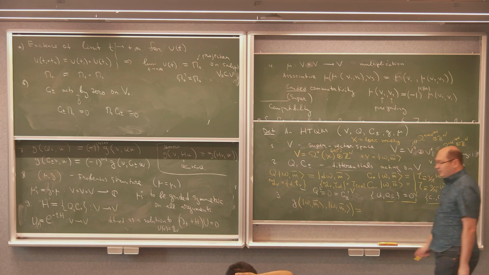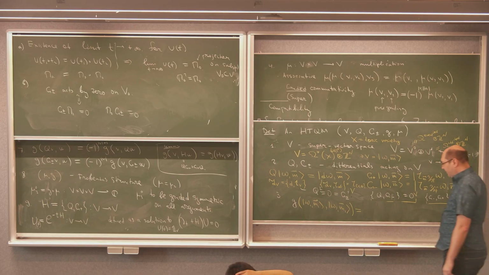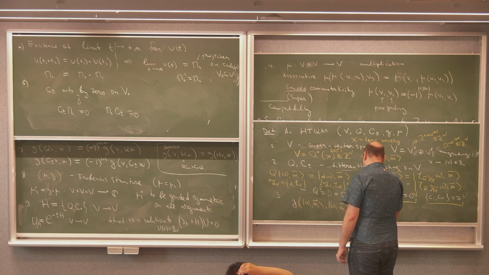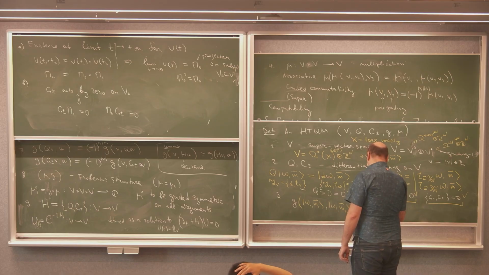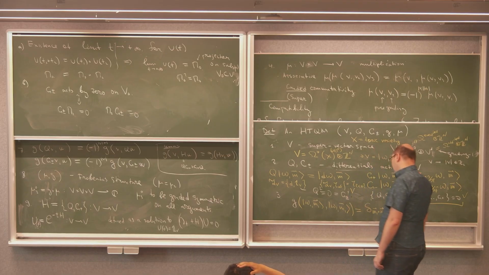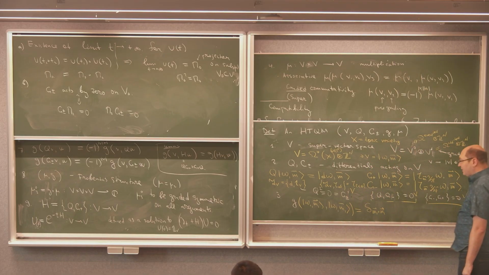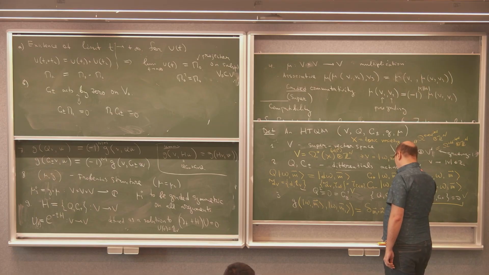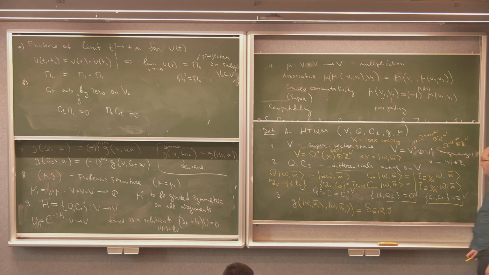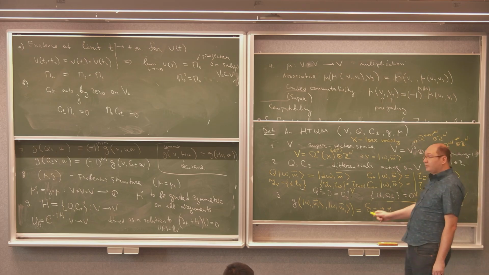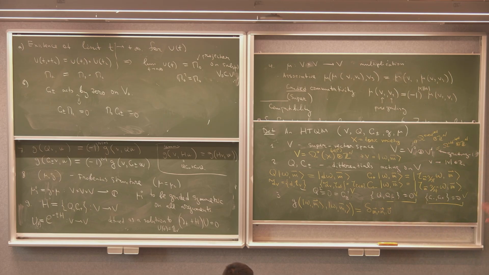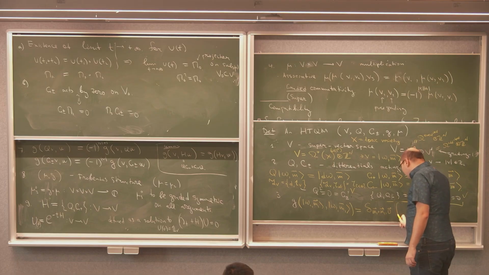And I need to construct a number from this data. The number is constructed in the following way. First, we take the sum of these two vectors, m1 and m2. That is also a vector in the end. And we check whether this vector is equal to the 0 vector. If the sum of two vectors is non-zero, then we just declare that the pairing for such states is 0.